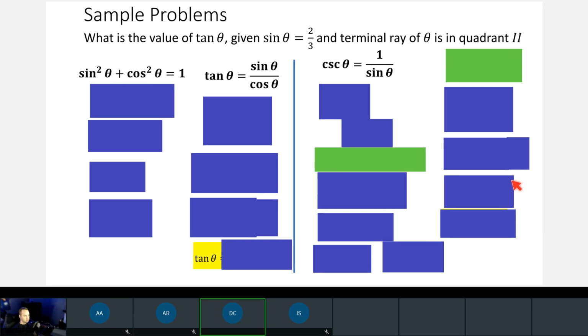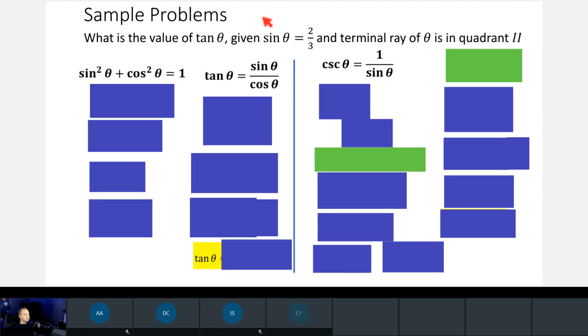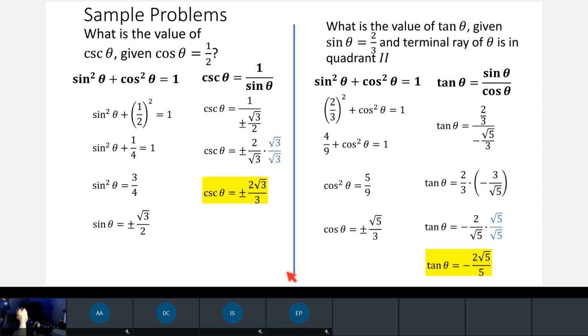Dr. J, that is the example we just did. It's not the same. It says cosine is a half. If you look at the problem on the right of the last slide, it is this one.